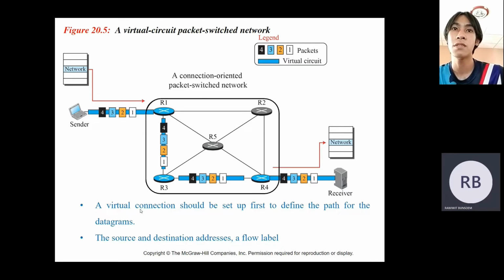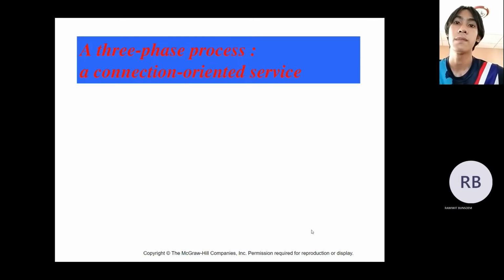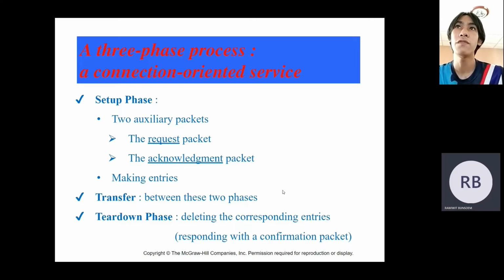A virtual connection should be set up first to define the path for the datagram, with source and destination addresses and a flow label. It is a three-phase process, a connection-oriented service.